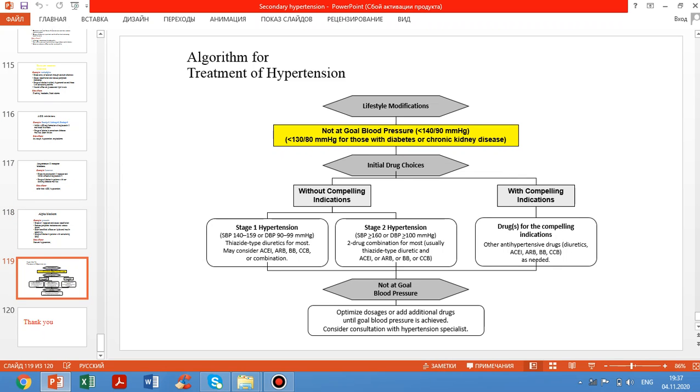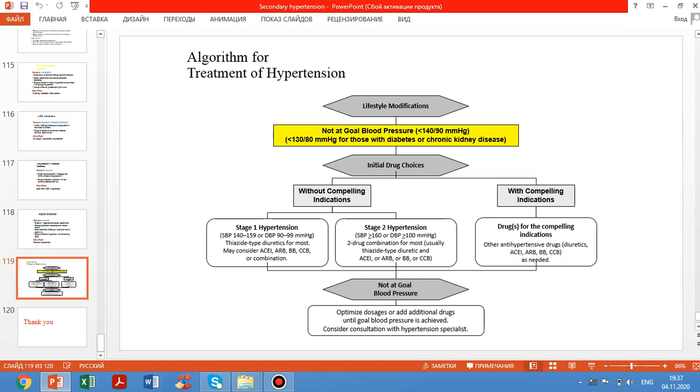Algorithm for treatment of hypertension. In the first step, there is lifestyle modification. If not at goal blood pressure, in this case, initial drug choice. It can be without compelling indications or with compelling indications.